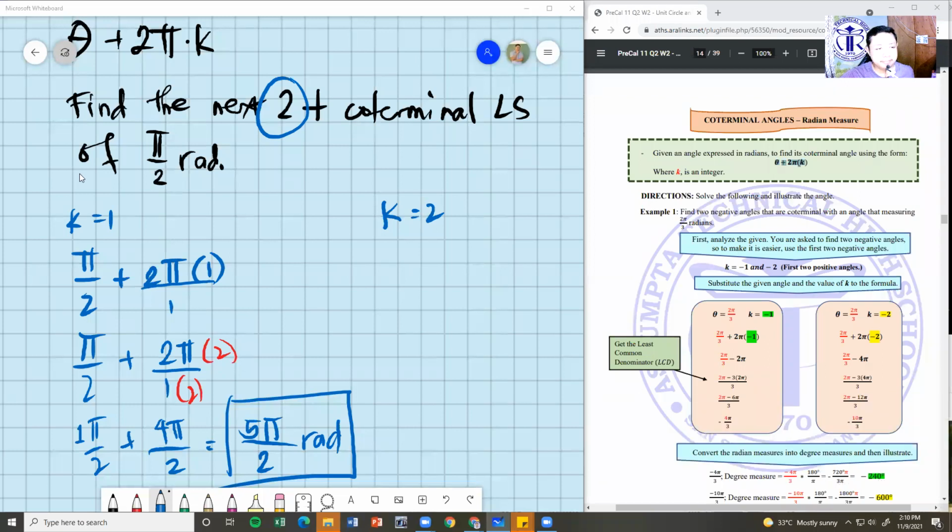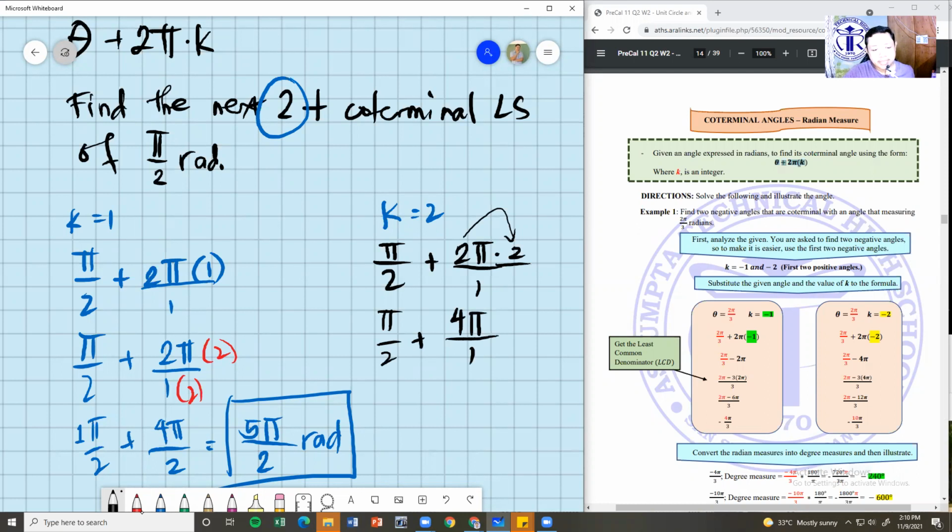Ready? So, we have here pi over 2 plus 2 pi over 1 times 2. So we have here pi over 2 plus 2 times 2, that's 4 pi over 1.